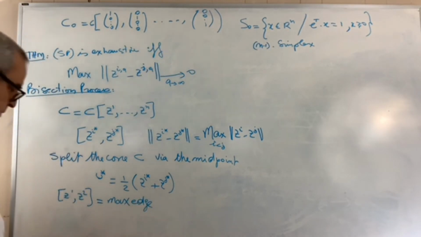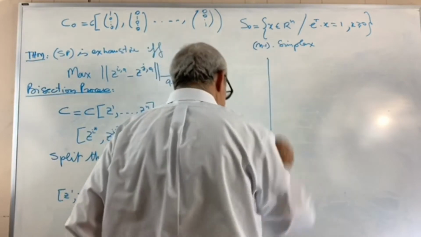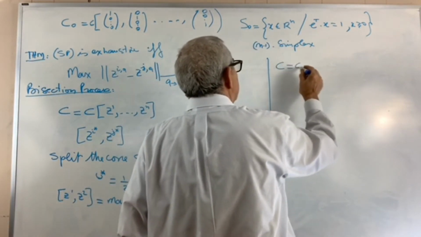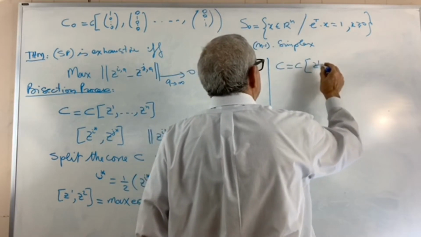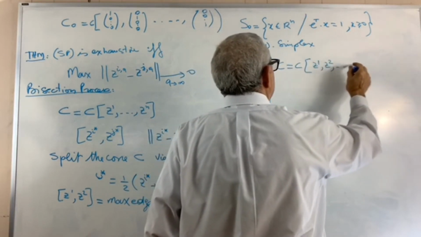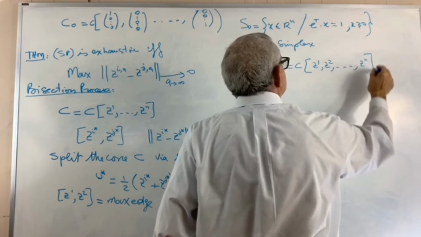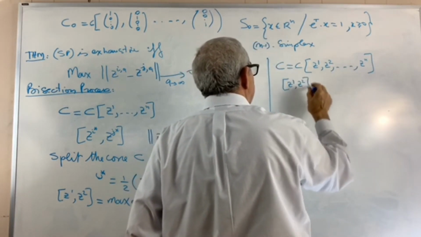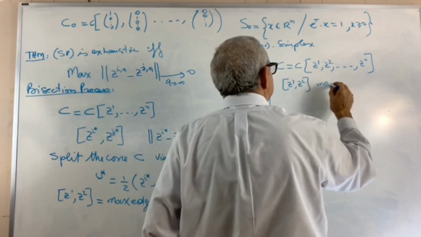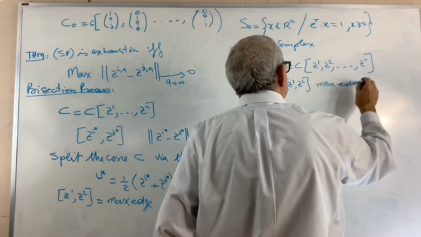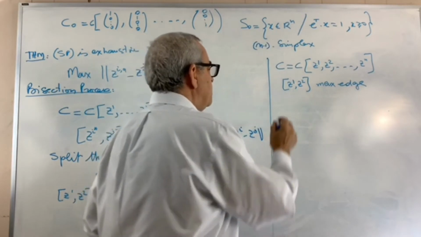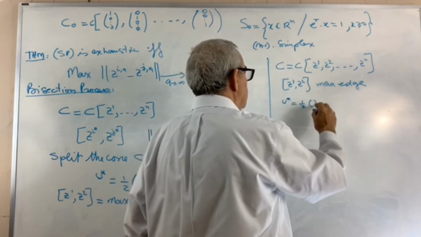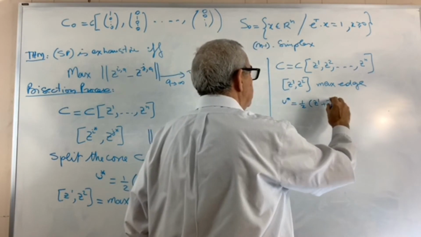So we have C equal to C of Z1, Z2, etc., Zn. Then you take U star equal to 1/2 of Z1 plus Z2.